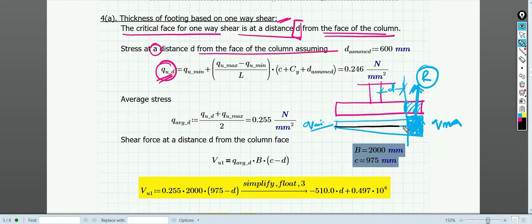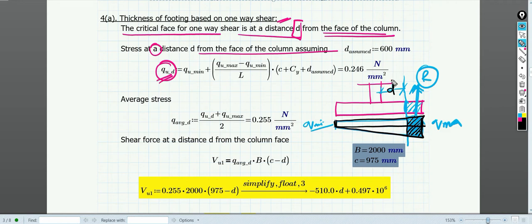This is a rectangle and this is a triangle. Okay, so I want to find out this particular part, this distance, this one. So that will be how much? Q minimum. I have to interpolate because I don't know what is the distance.